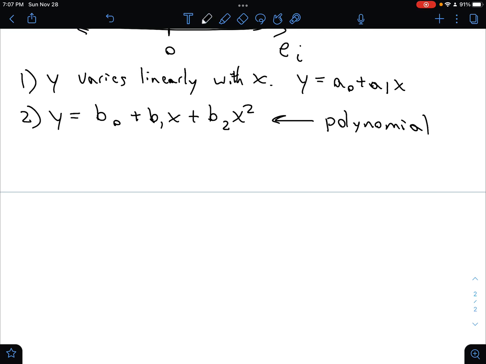Except now we're making a different assumption about the relationship. The relationship is quadratic. And then finally, I'm going to use an example of a nonlinear equation. So y equals C0 times the exponential of x over C1. And so this is nonlinear.